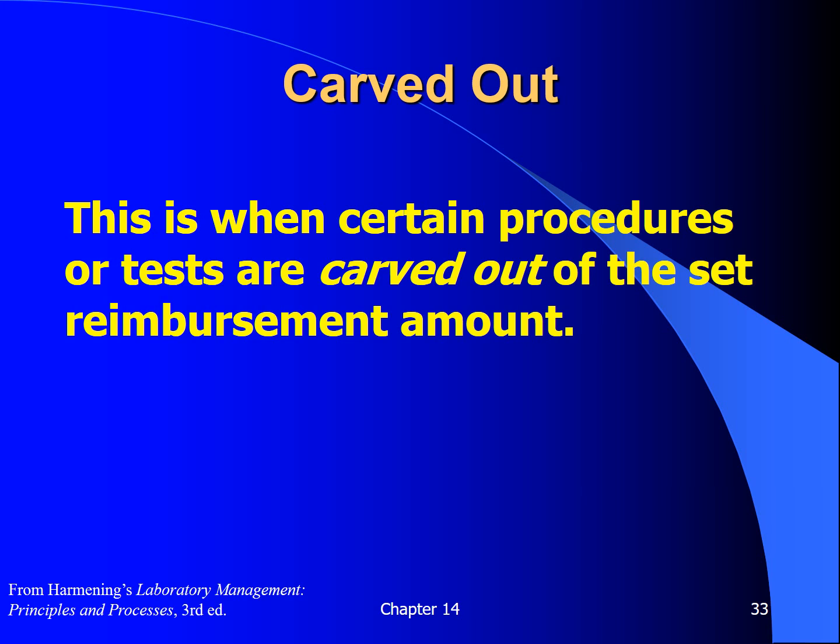For laboratories, it may be critical to carve out certain tests from a prospective payment arrangement. Cytogenetic testing, molecular diagnostic assays, and esoteric testing sent to a reference laboratory all have significantly higher unit costs that cannot be covered by the usual PMPM negotiated rate.